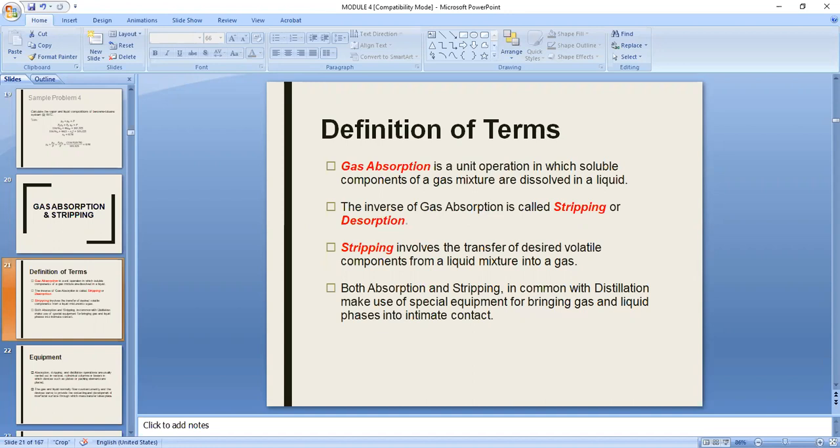So as discussed, these columns in which these unit processes are carried out can either be in the form of packed columns, tray columns, or spray columns, even bubble columns, all of which are present for the three processes. But oftentimes, it's the packed column and the tray columns that are being used. Okay, now we'll review them later as we reach that particular portion.